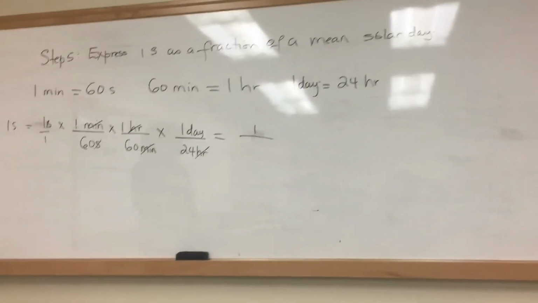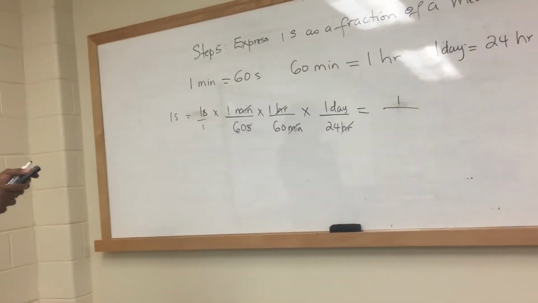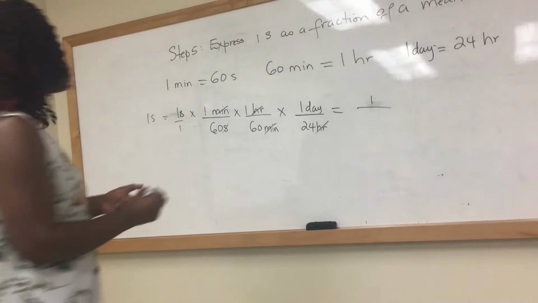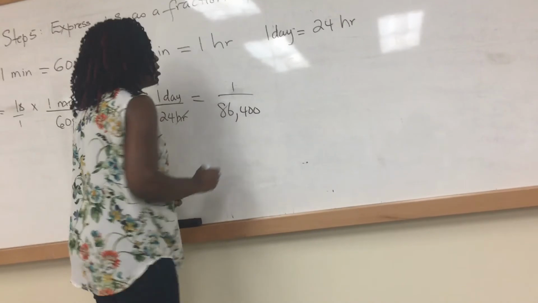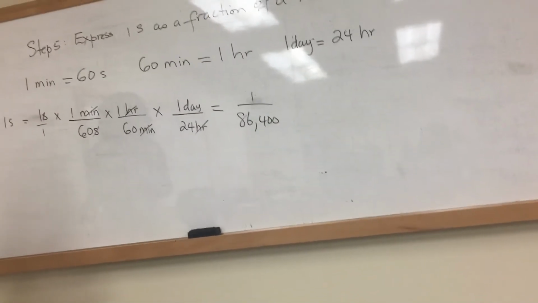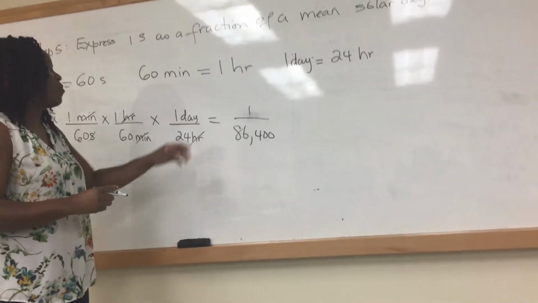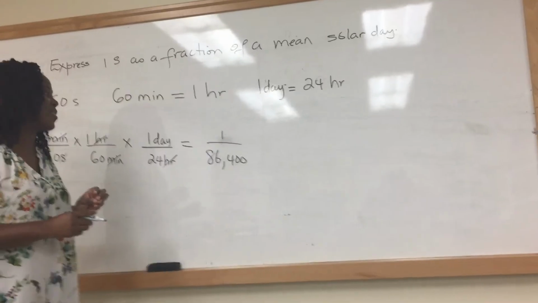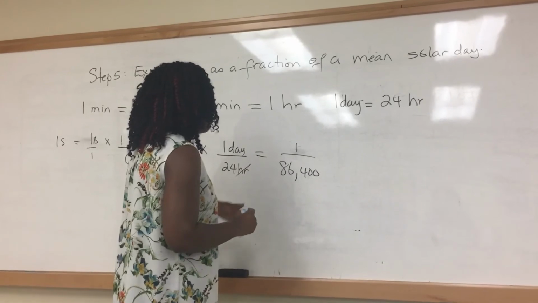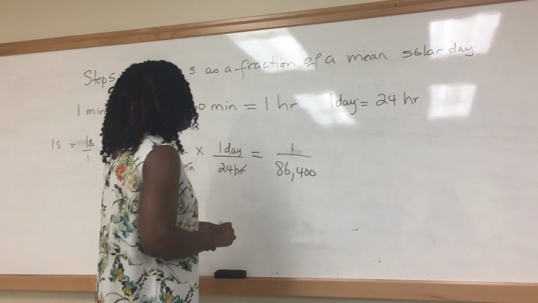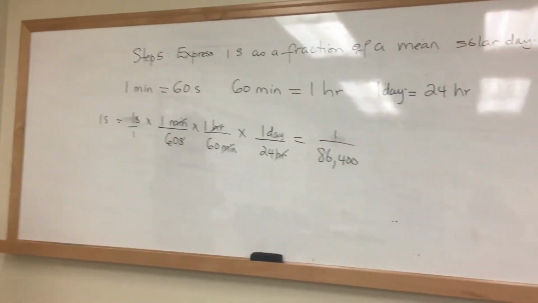Let me double check that number. 60 by 60 times 24, and we get 86,400. And this is our original definition of the second. 1 second is a fraction of a mean solar day, which is 1 over 86,400. So this is how we express the second as a fraction of a mean solar day.